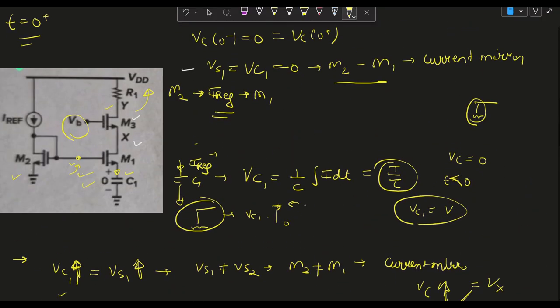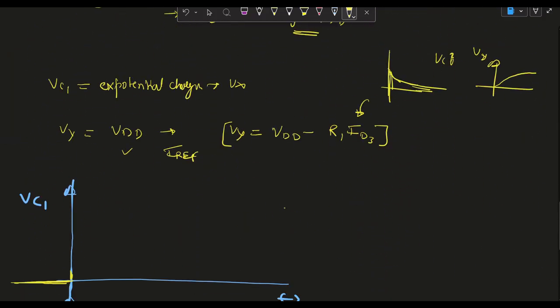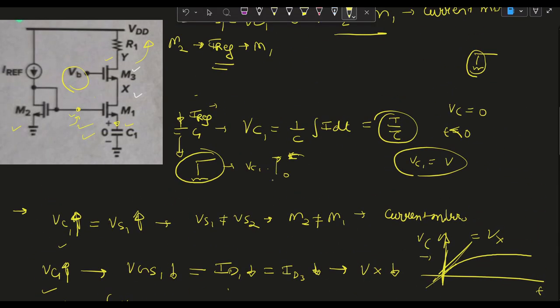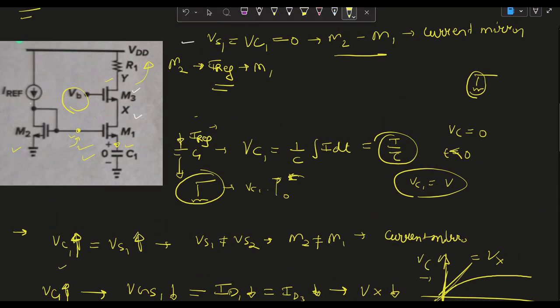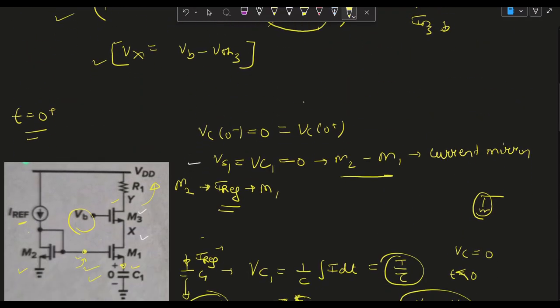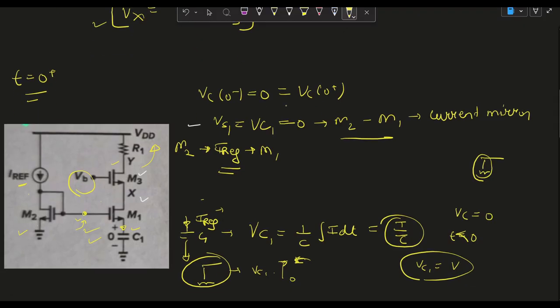When will this happen? This will happen when IREF flows into M2. Our assumption is that for t less than 0, the simulator doesn't count IREF, but at t equals 0, it will consider IREF, and from t equals 0 plus, it will consider IREF.